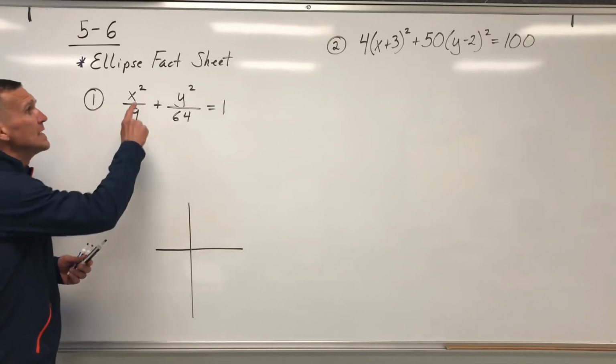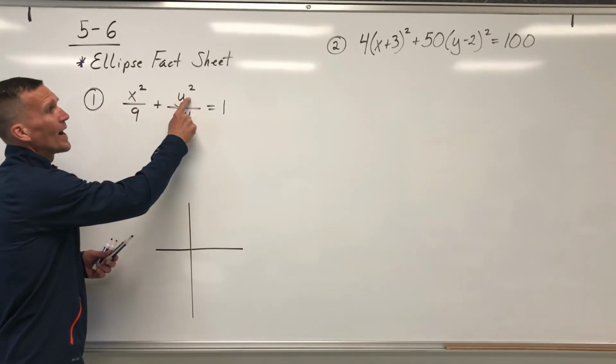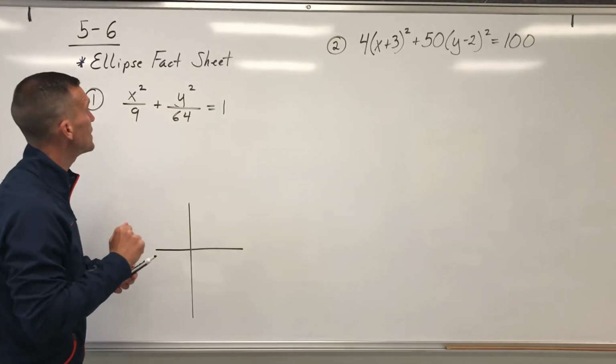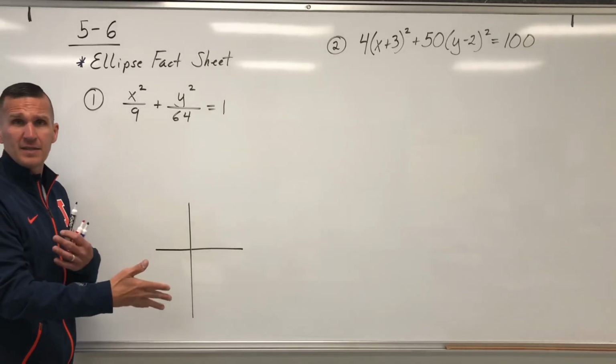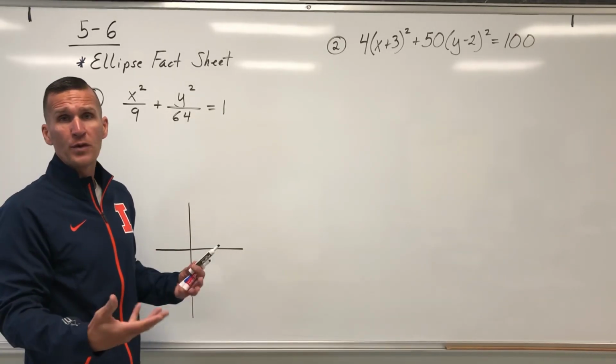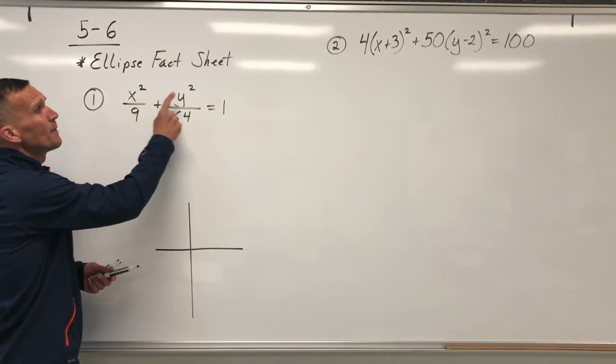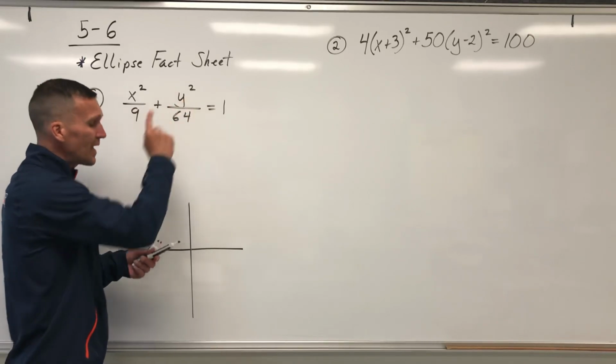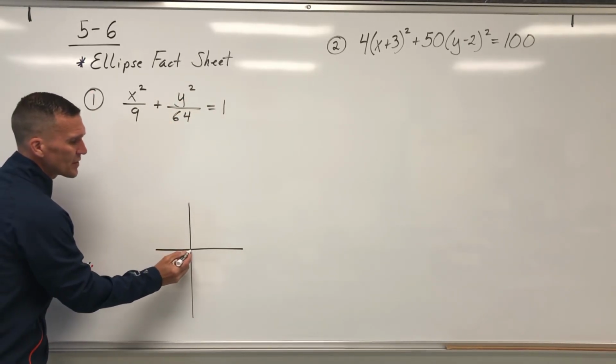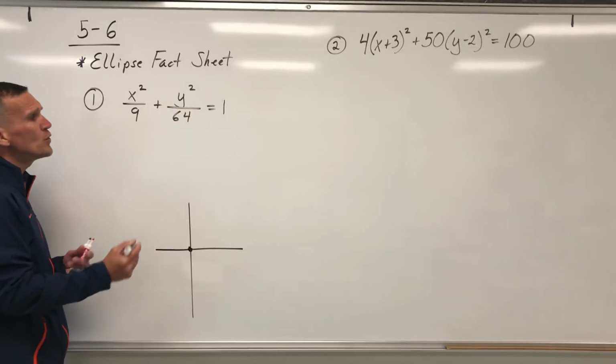Since it's x minus h and y minus k in the fact sheet, you do the opposite after x and the opposite after y for your center. There's nothing after x, so h is 0, nothing after y, so k is 0, so my center is 0, 0.